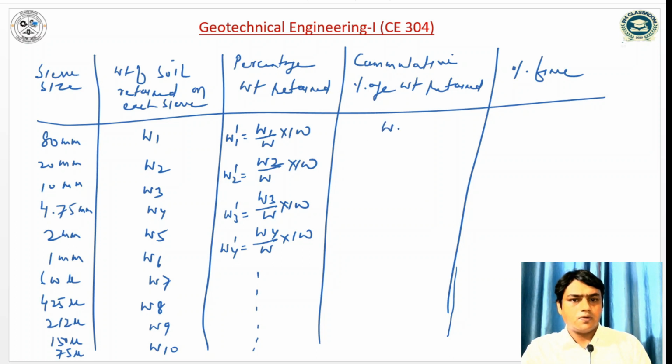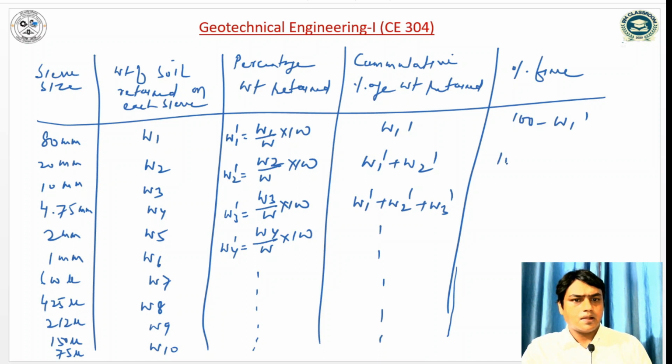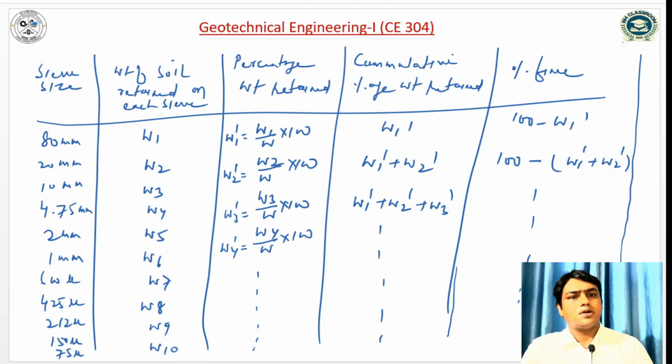Cumulative weight is W1 dash, W1 dash plus W2 dash, W1 dash plus W2 dash plus W3 dash, and so on. Percent finer is 100 minus W1 dash, 100 minus (W1 dash plus W2 dash), and so on. So this is the table of grain size distribution.